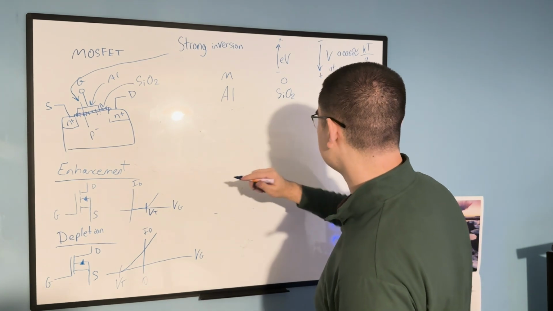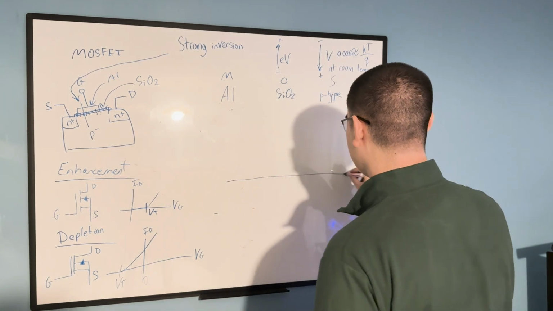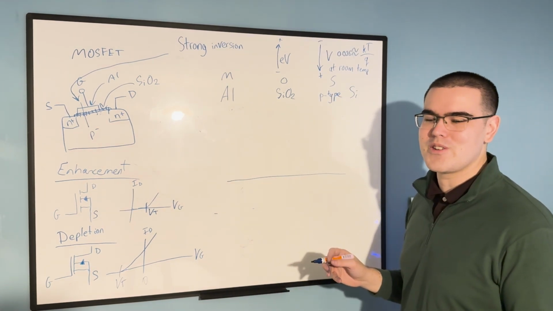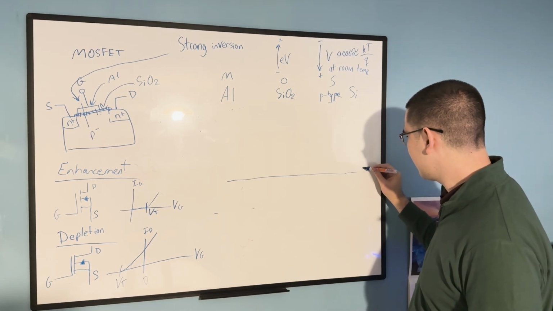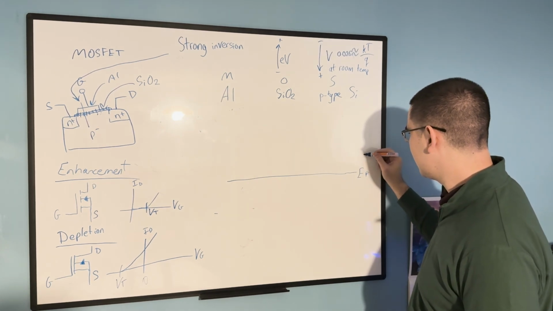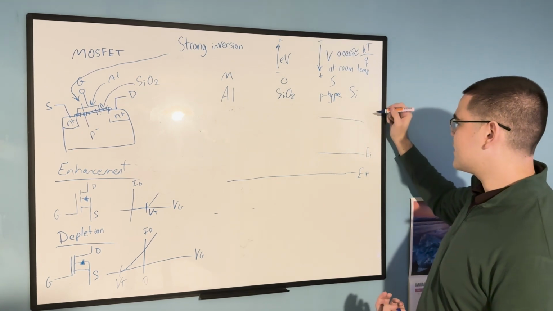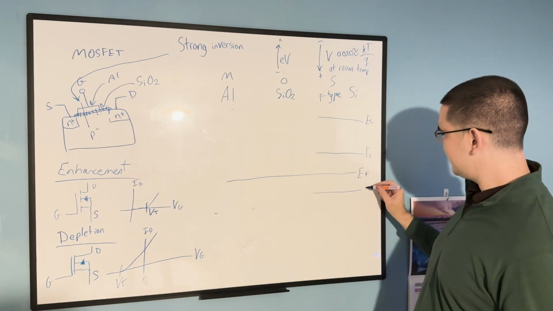It's kind of the same old story again for inversion, but we've applied an even more positive gate voltage once again. So this is the Fermi level, this is the intrinsic energy level, this is the conduction band, valence band.